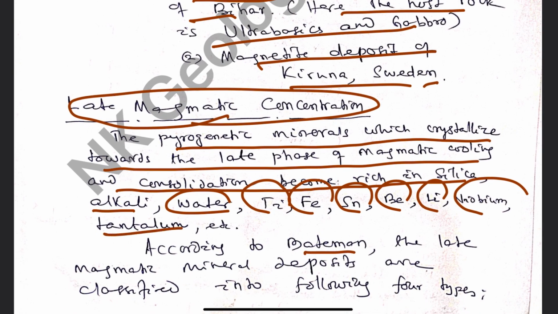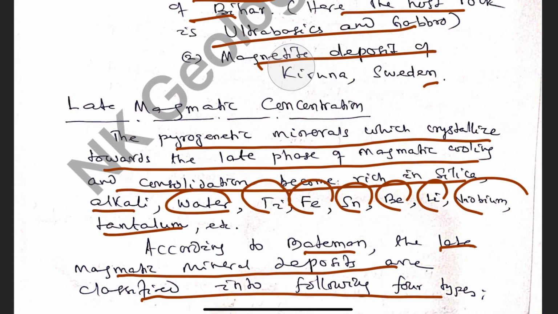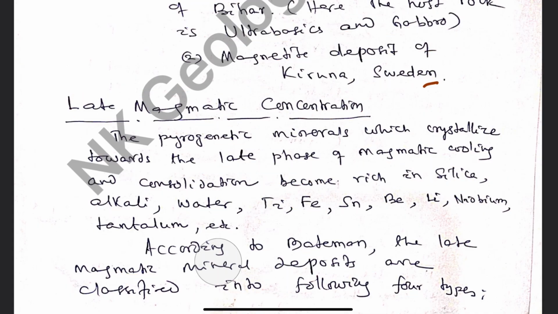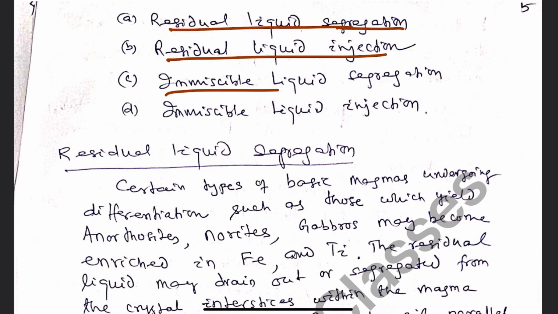According to Batman, the late magmatic mineral deposits are classified into 4 types: residual liquid segregation, residual liquid injection, immiscible liquid segregation and immiscible liquid injection.